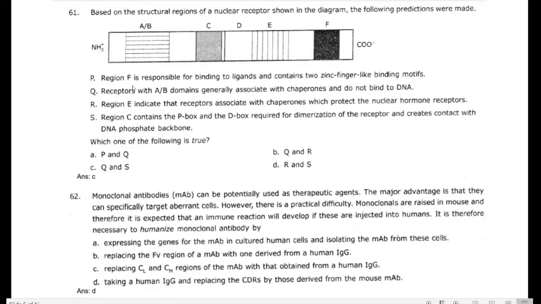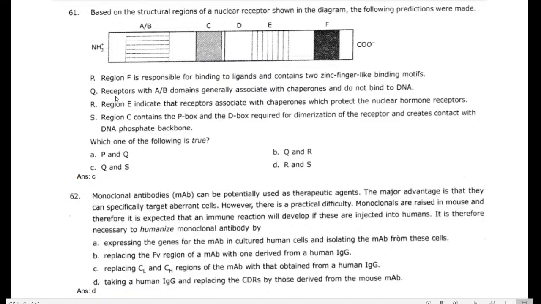Region F is responsible for binding to the ligand and containing two zinc finger like binding motifs. Is it right or wrong? We want to check. The zinc finger like binding motif is not present there, so B is eliminated.